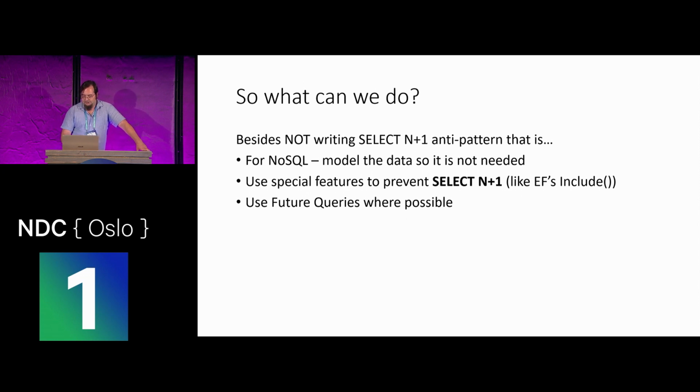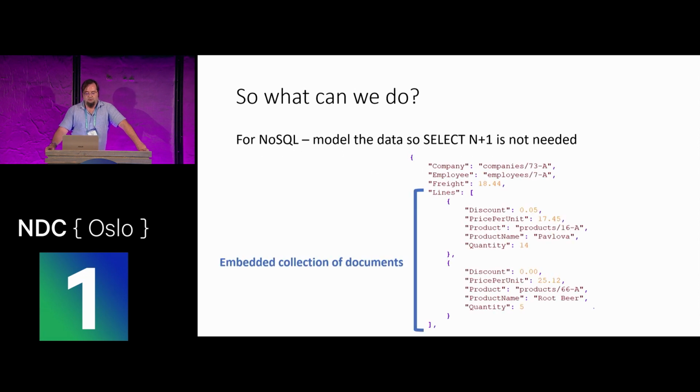So for SQL servers, it's fairly understandable. You just do a left join and you make sure not to do too many queries. For non-relational databases, it's a bit more complicated, and as I said, it's about the questions you want to ask. So such solutions depend heavily on how you model data.